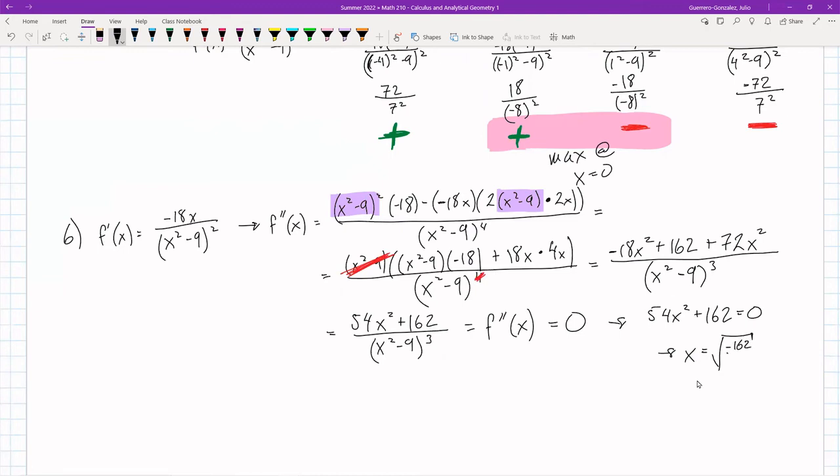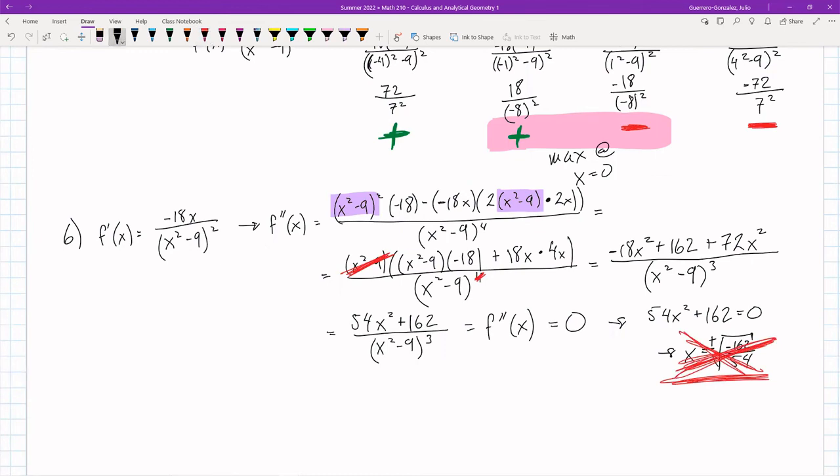Negative 162 over 54. So we have this as, and these are plus or minus. Notice that we're taking the square root of a negative, right? We are taking the square root of a negative. So then therefore, this one doesn't have inflection points when setting it equal to 0. Because this is negative, right here, no inflection points this way, okay?